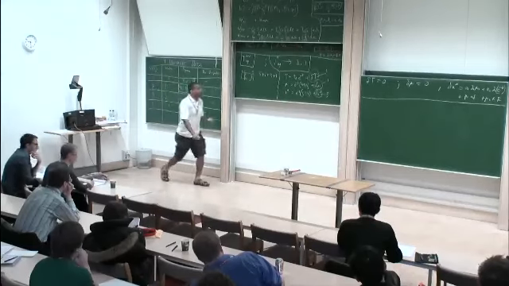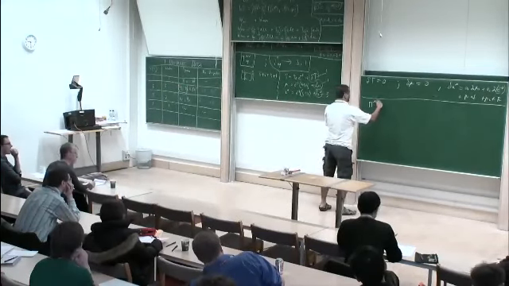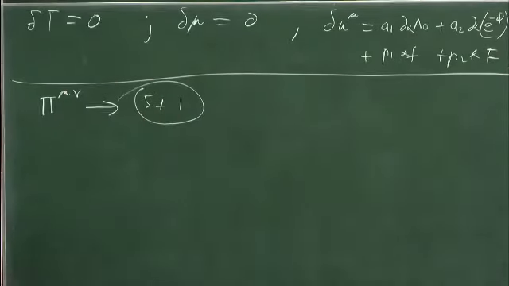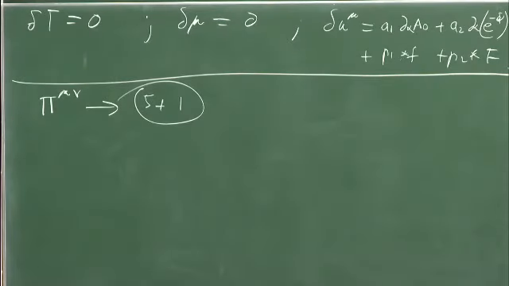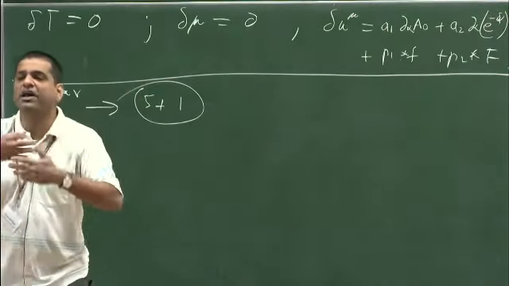Now, in the constitutive relations, pi mu nu had a 5 and a 1. But there's no 5 and no 1 that's non-vanishing in equilibrium. So as far as the comparison with equilibrium goes, we can ignore the corrections to pi mu nu.